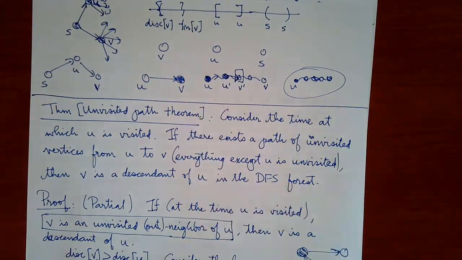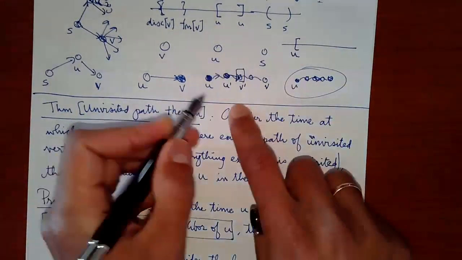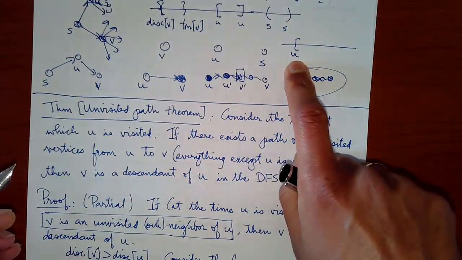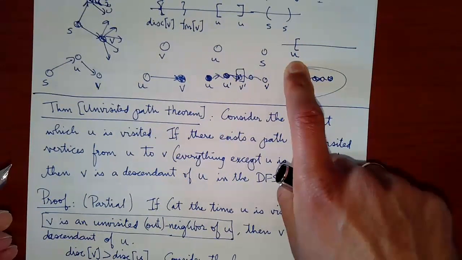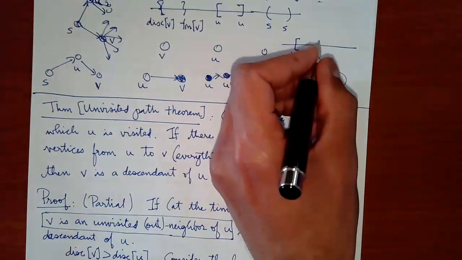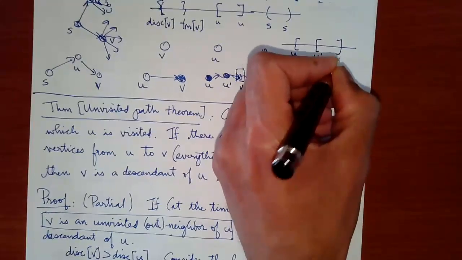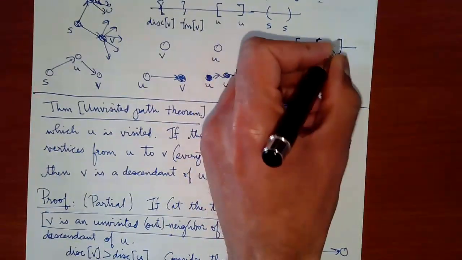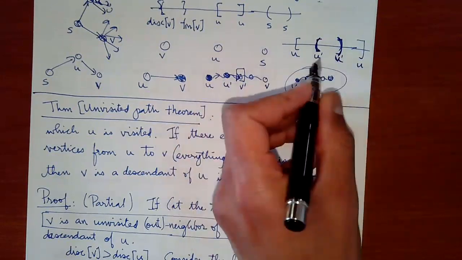Yeah, that's true. Right? So here's your timeline. So here is U. You know that V prime was unvisited when U started. And suppose you look at the time for U prime, and you know that U prime's closing must lie somewhere in here.